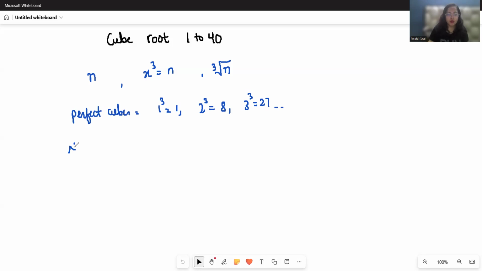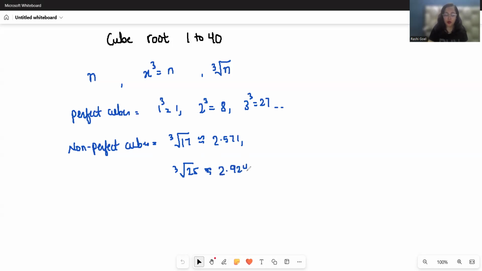And non-perfect cubes, the cube root of 17, which is approximately 2.571, the cube root of 25. The full explanation of this cube root of 25 is already uploaded. You can check it out on the channel. 2.924. So these are perfect and these are non-perfect cubes.